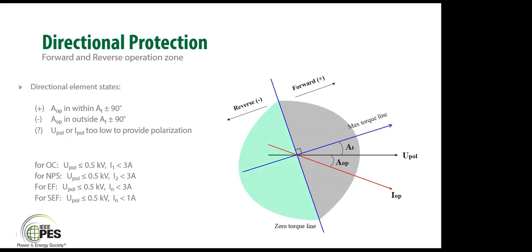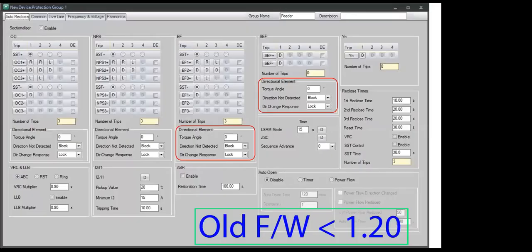Now, under this project, the requirement was we cannot stay with a fixed forward and reverse operation zone. Rather, the requirement was there should be provision of shortening or lengthening the forward and reverse operation zone, and there should be a provision of setting no operation zone. So this is a snapshot view of our old firmware, which we used to use in our relay.